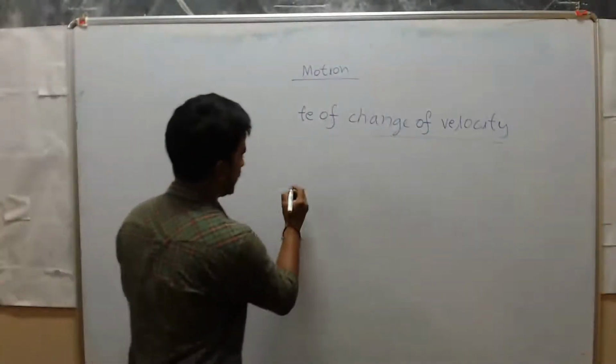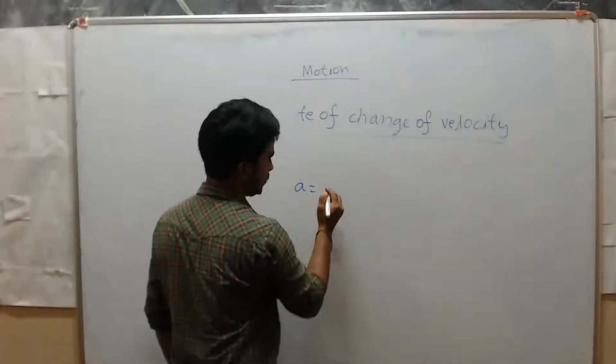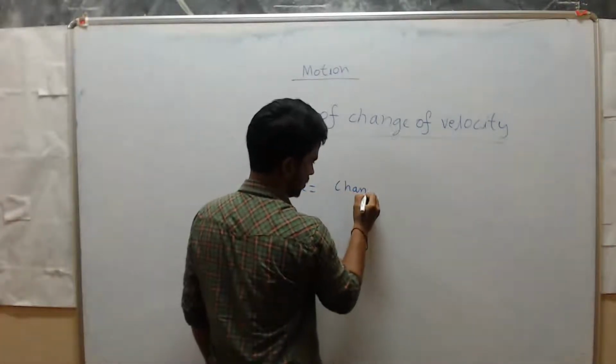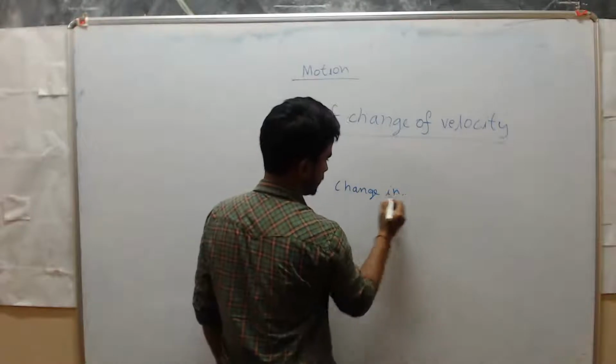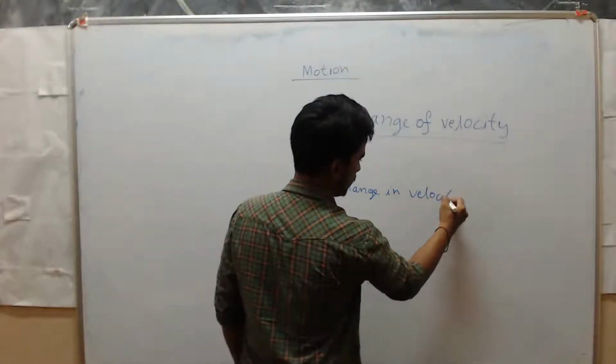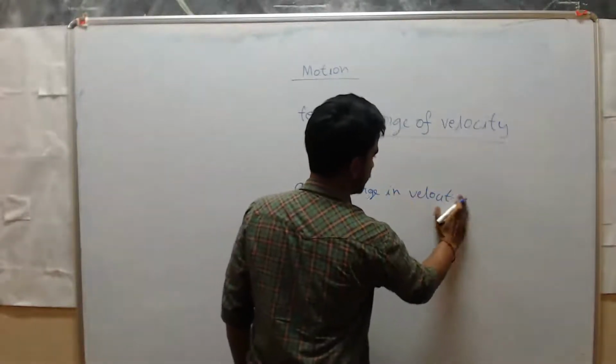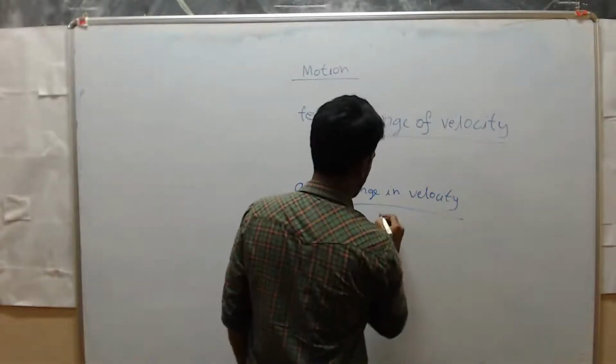So a is equal to change in velocity divided by time taken.